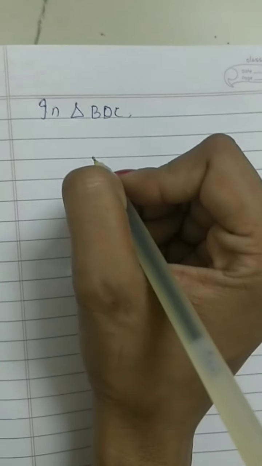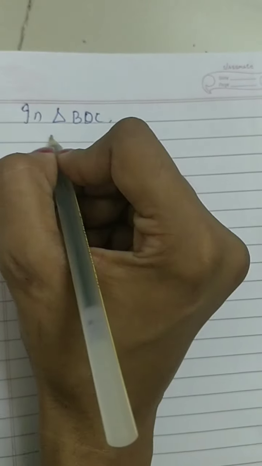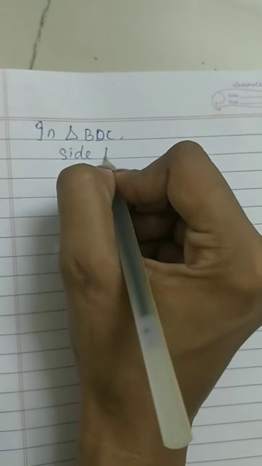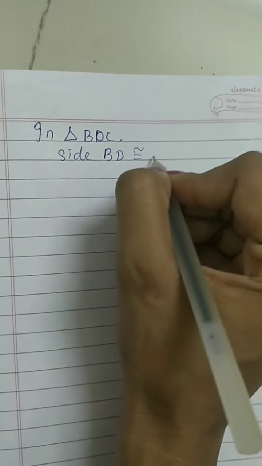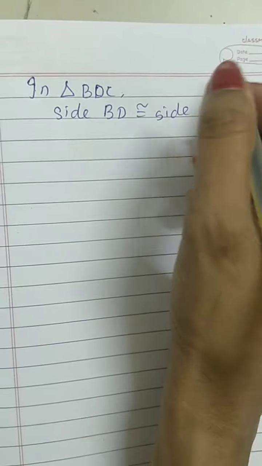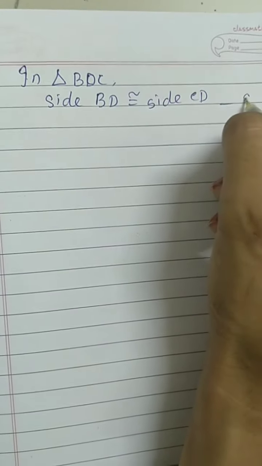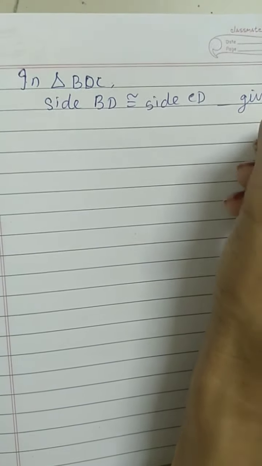So in triangle BDC, I am going to write that the side BD is congruent to side CD. That is already given. Reason you have to write.